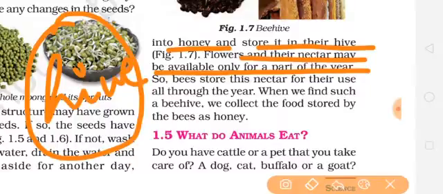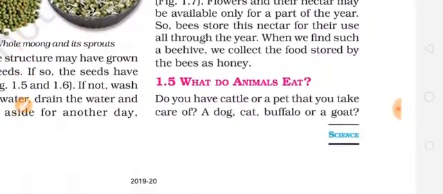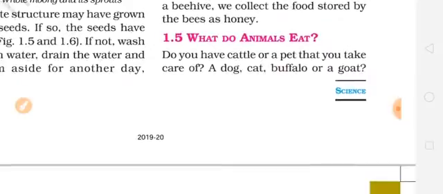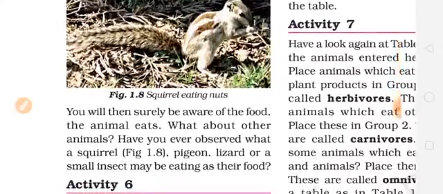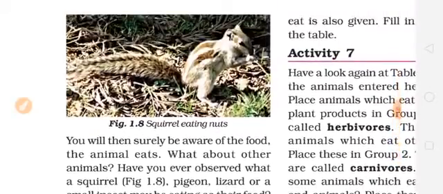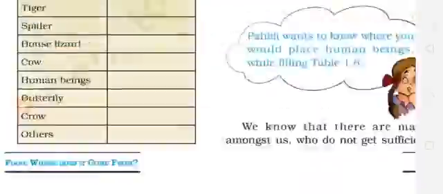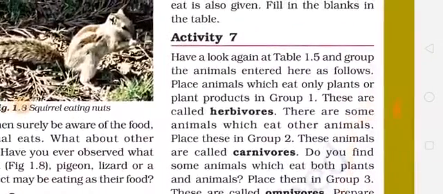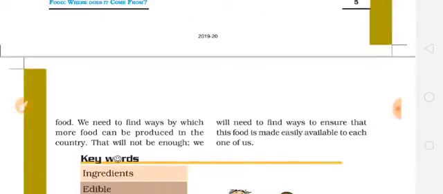So the bees store this for future purposes. And as you know about honey, we use it as a medicine and for eating also, along with chapatis. Few people used to have that. And next, here also one activity is given, 1.5.